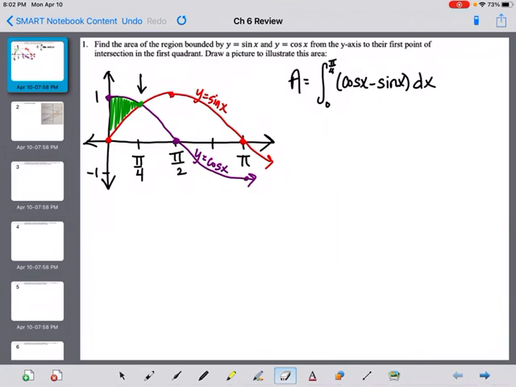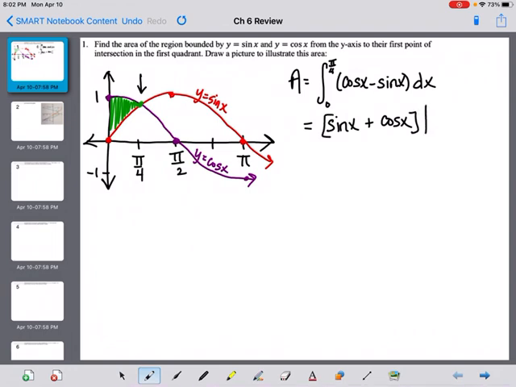All right, so now we just have to anti-differentiate and then do the evaluation theorem. So this is going to be equal to the antiderivative of cosine, which is sine, and then the antiderivative of negative sine x would end up being positive cosine x.